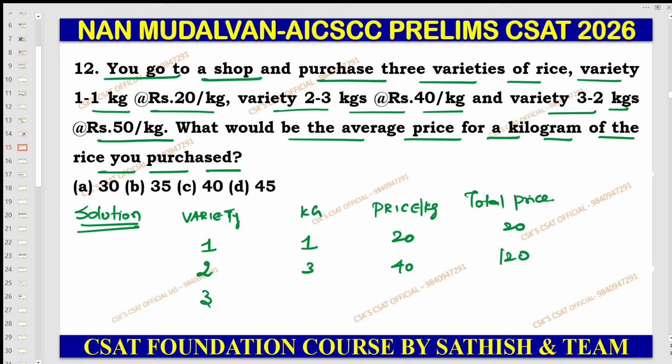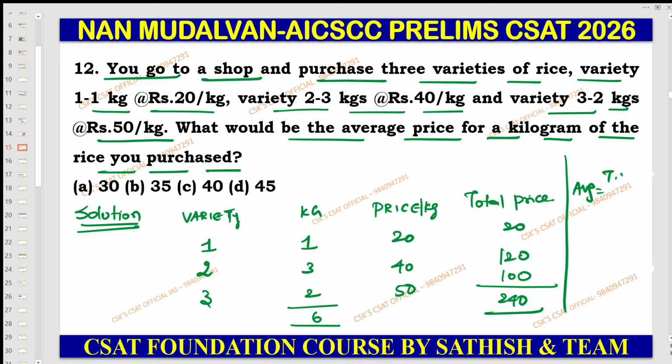Third one, 2 kg, price per kg 50. For 2 kg it becomes 100. Then the total becomes 240. What is the total kg here? 6 kg. So what is the average? Total price by total weight, 240 by 6, nothing but 40 rupees per kg. Everyone understood? 40 rupees per kg.